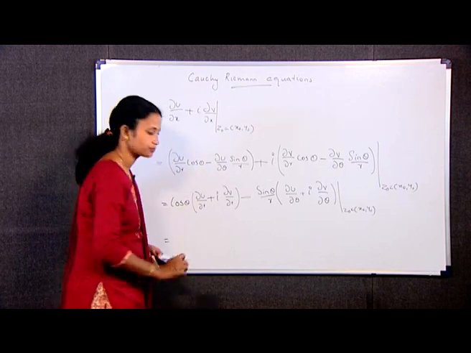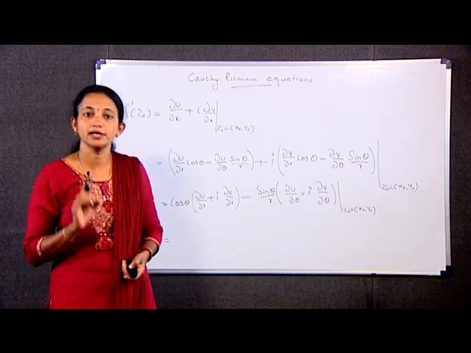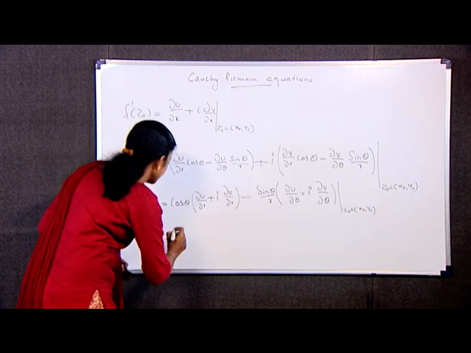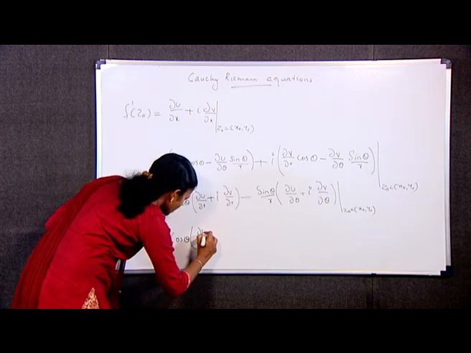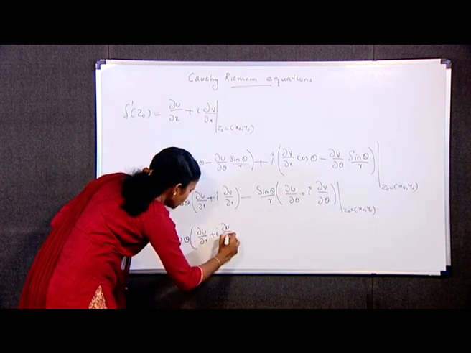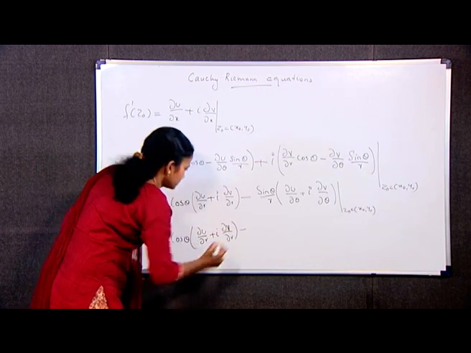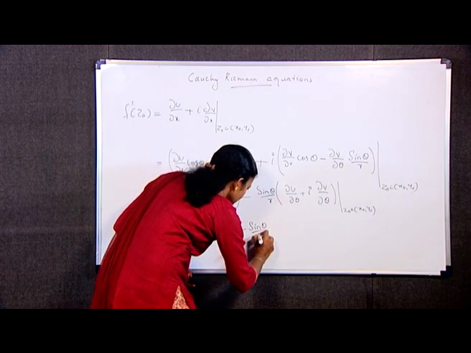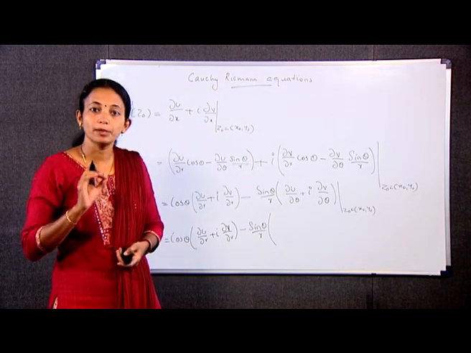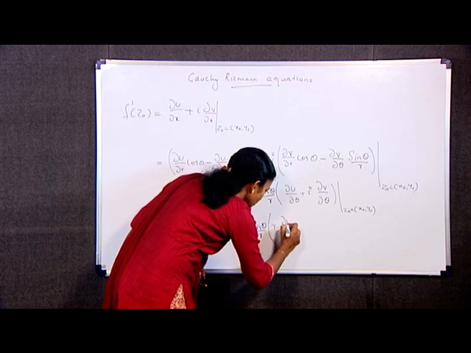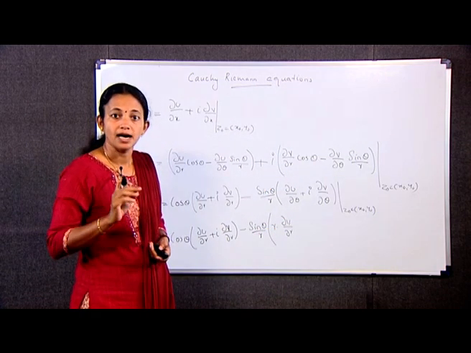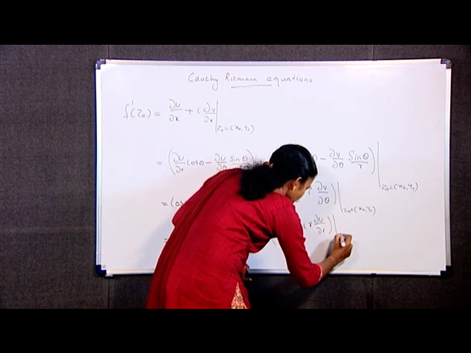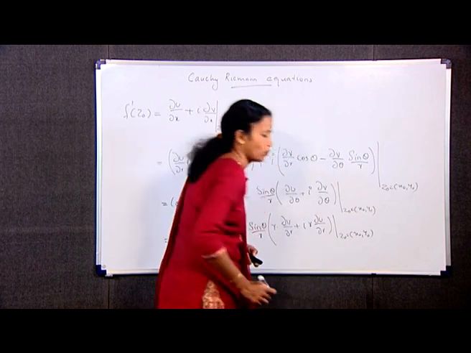This is equal to cos theta into dou u by dou r plus i into dou v by dou r, minus sin theta by r into dou u by dou theta plus i dou v by dou theta. Using the Cauchy-Riemann equations, next term is minus sin theta by r into r dou v by dou r, which I can write as r into dou v by dou r plus i r into dou u by dou r, at z naught is equal to x naught y naught.